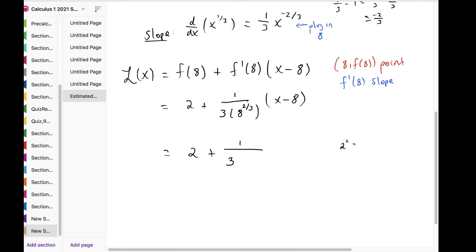Okay, you're doing cube root. Okay, yeah. So you take cube root of 8 and then square it.